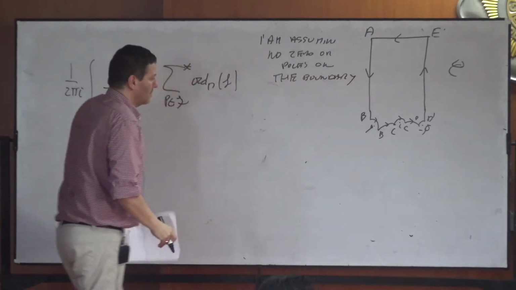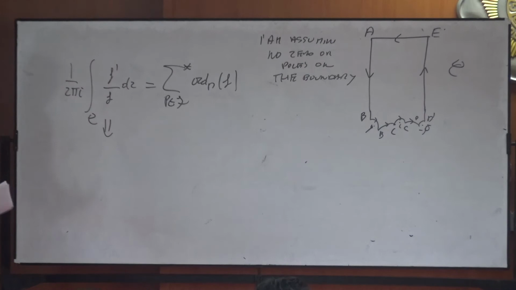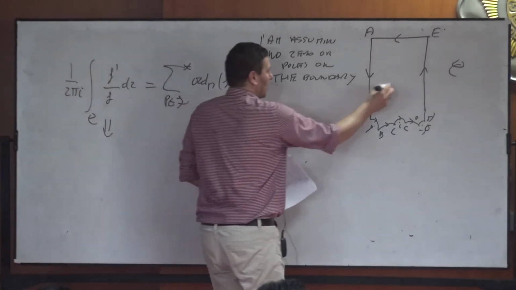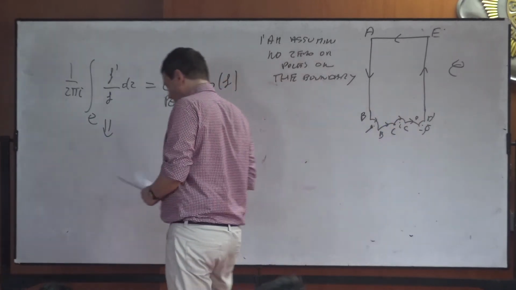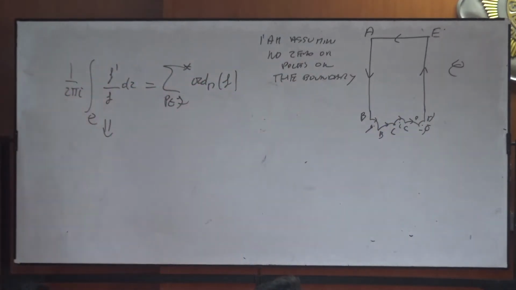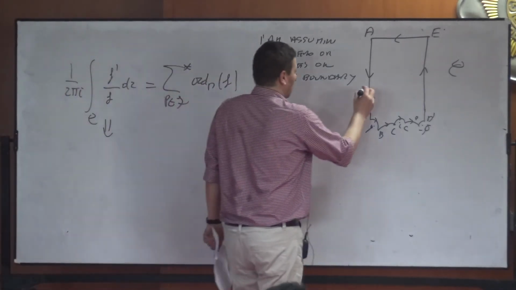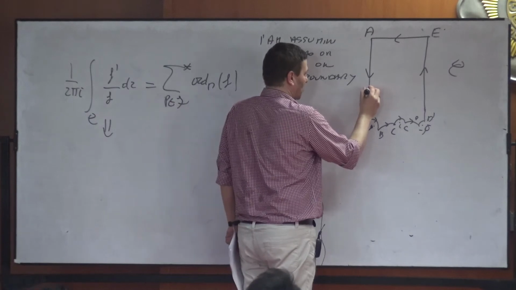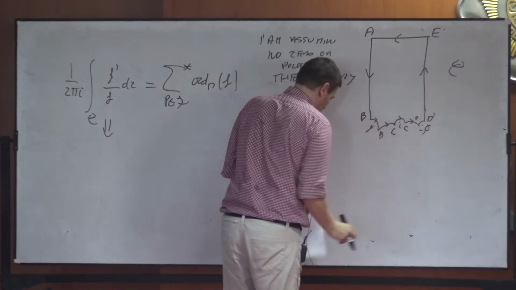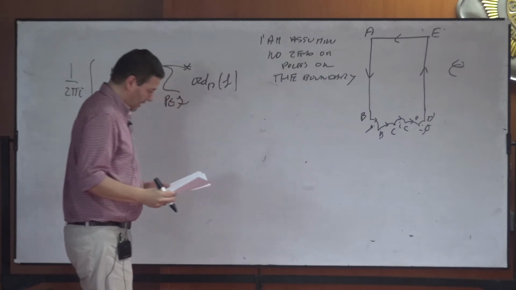We can discuss later how to do it if there is something on the boundary, meaning here, or here, or here. One thing should be clear. If I do the summation of the integration here and here, what happens to that thing?